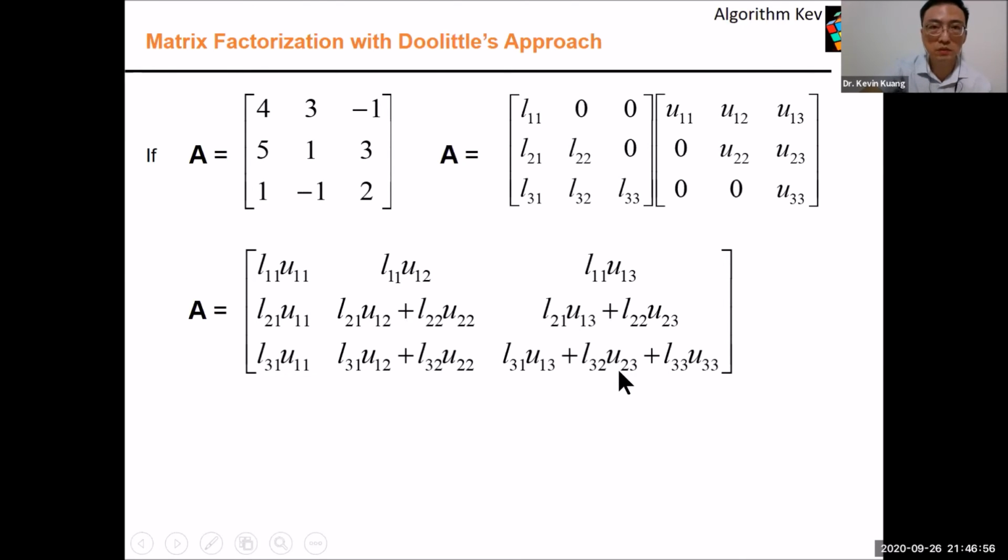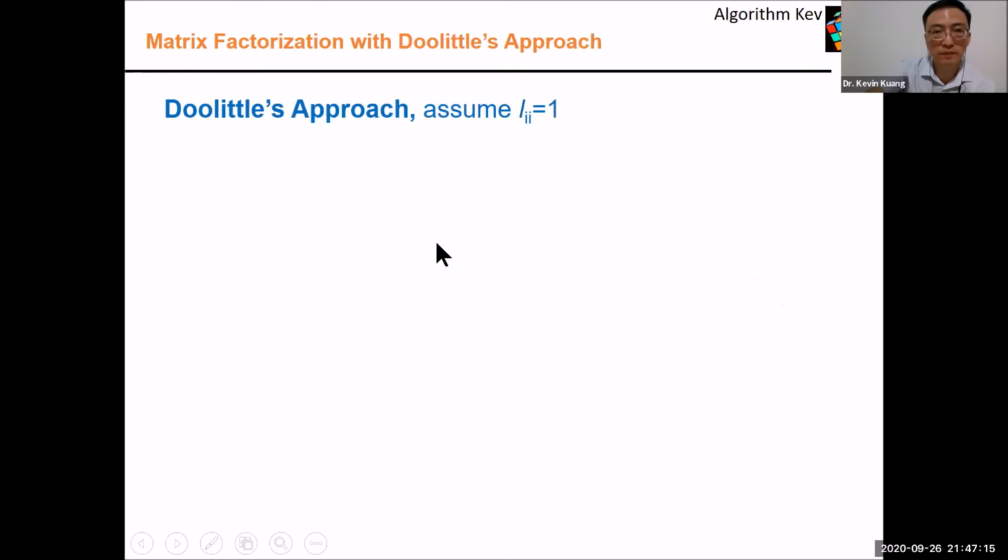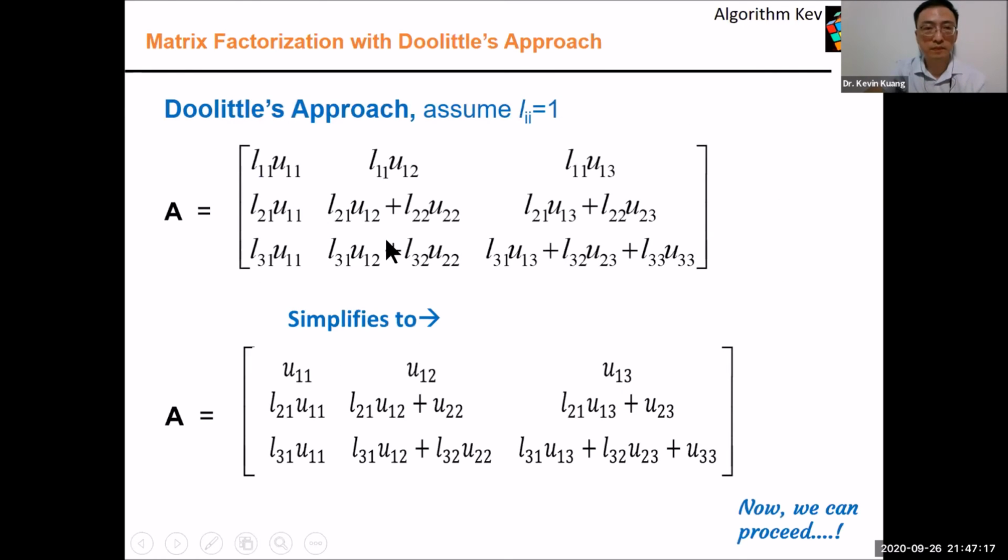In this Doolittle's approach, we would like to assume L11, L22, L33 as 1 instead of the diagonals of U. So we will assume the diagonals of the L matrix as 1 in this case. Simplifying it, we will get this.